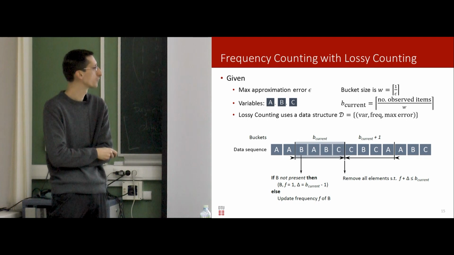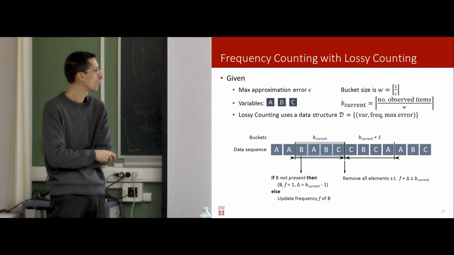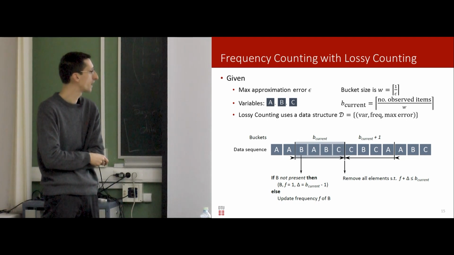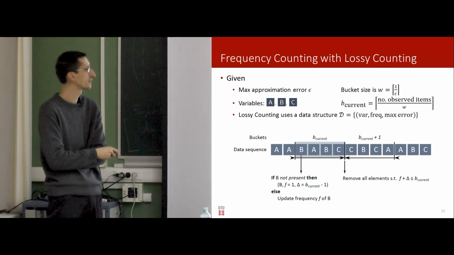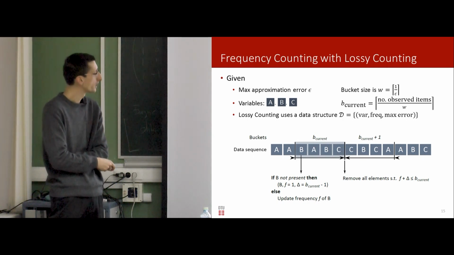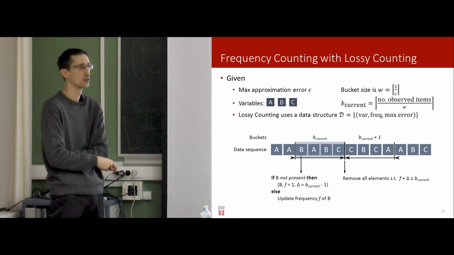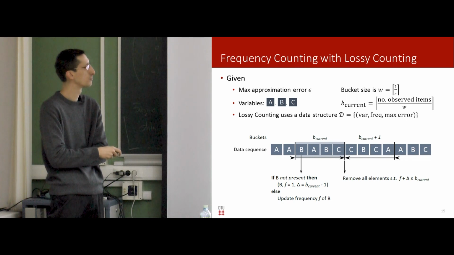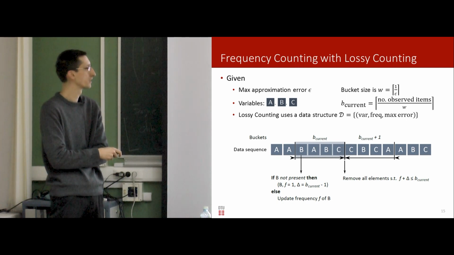Then every time we observe a variable, we have to check if this variable is in our data structure D. If it's contained in our data structure, then we can just update the frequency, the second component for the given variable.